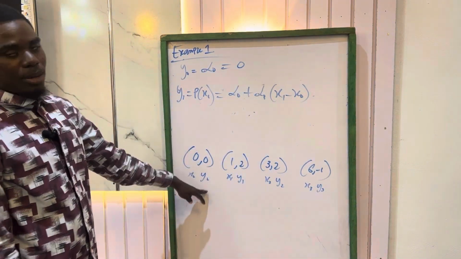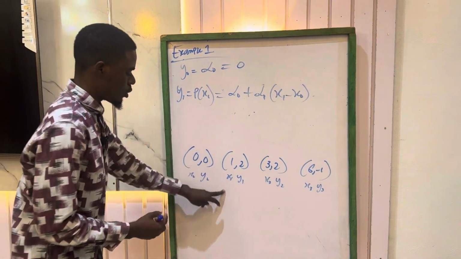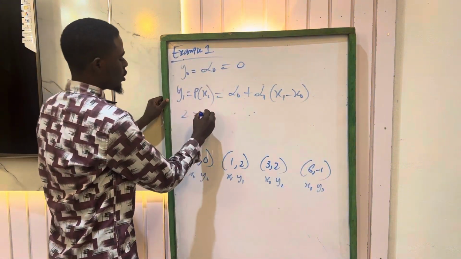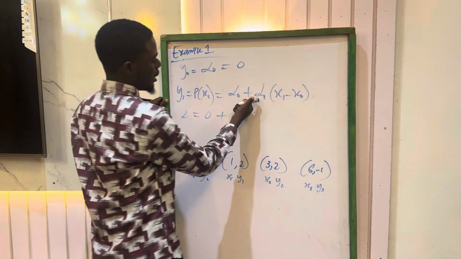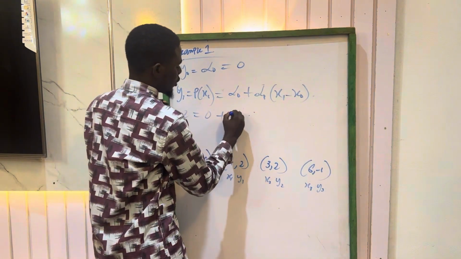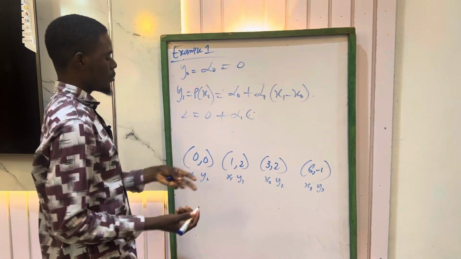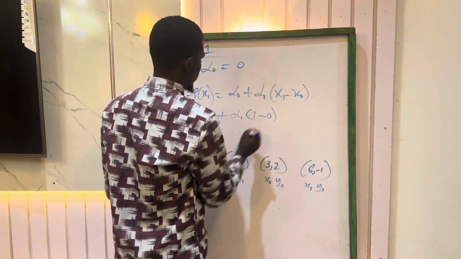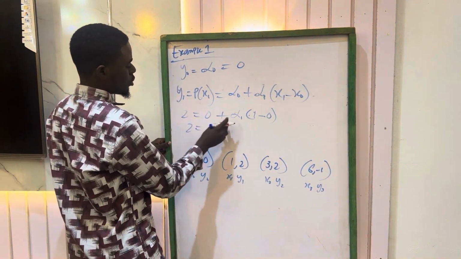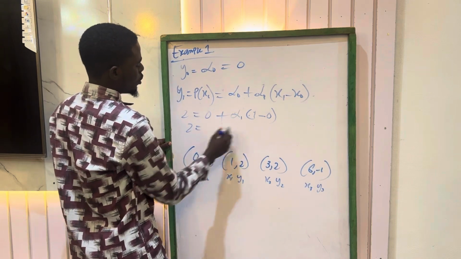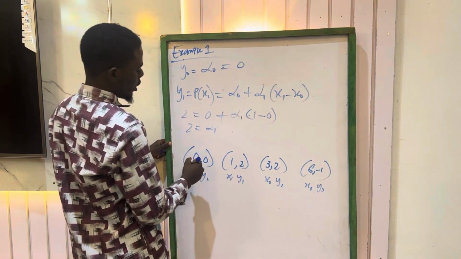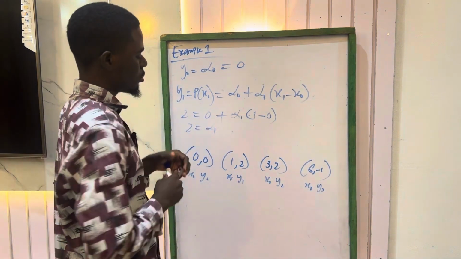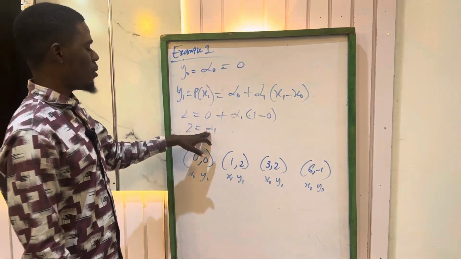So y1 is equal to 2, so 2 equals, we already have alpha naught equal to 0, so we slot 0 in, plus alpha 1, which we don't know yet, into bracket x1, which is 1, minus x naught, which is 0. By the time you simplify everything, you have 2 equals alpha 1, so our alpha 1 is equal to 2.